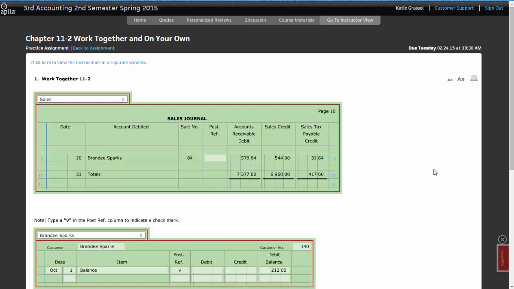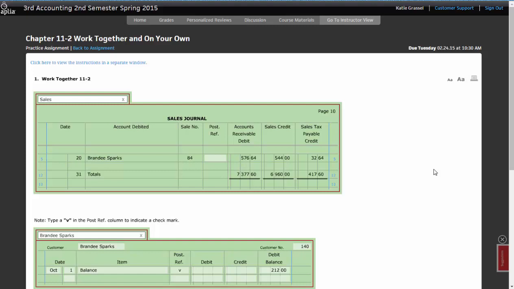Okay? So when we take a look at our sales journal, look at this word right here: account debited. Now, it's not quite as simple as our purchases journal because our purchases journal only has 1 column for numbers. Our sales journal has 3 columns. At least 2 of those columns will be filled in. We do have some customers that don't need to pay sales tax.